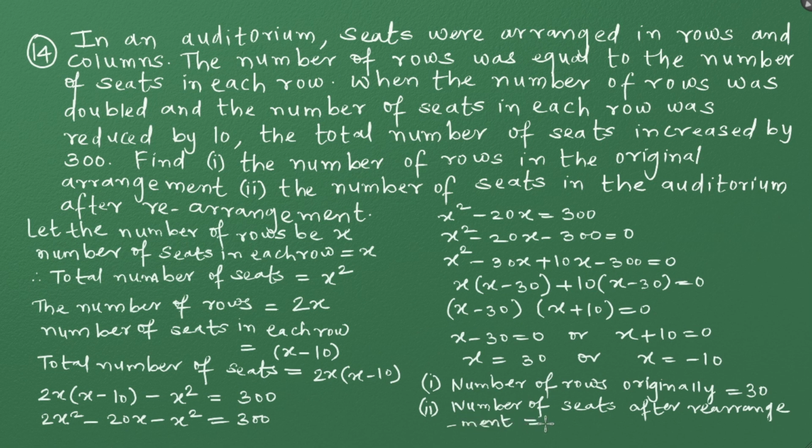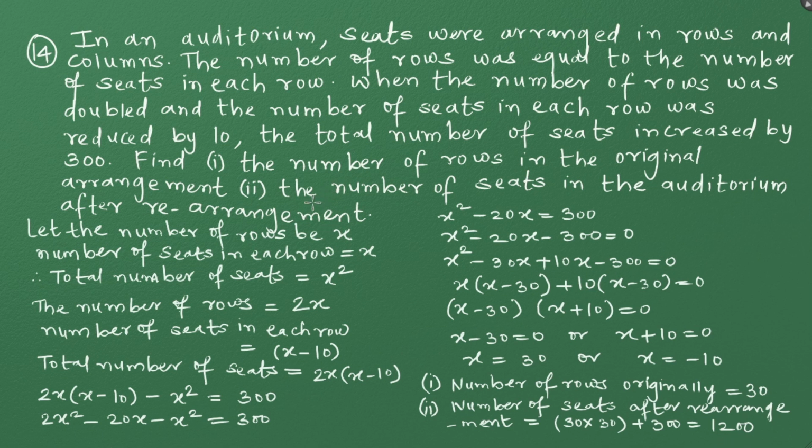This equals 30 multiplied by 30 plus 300. That is equal to 1200.